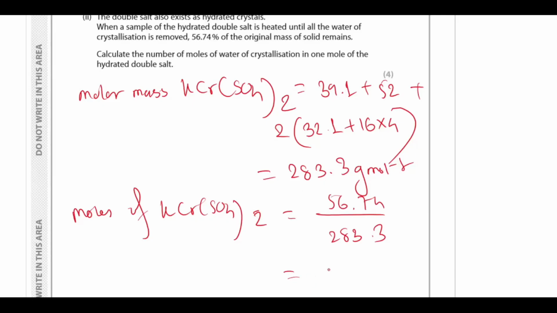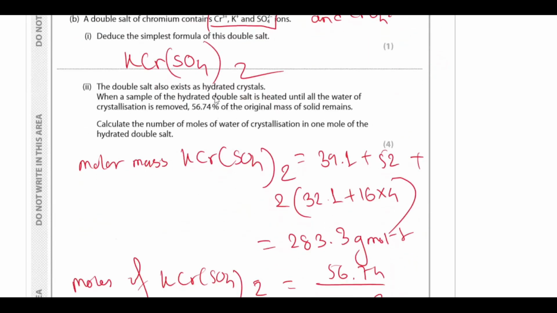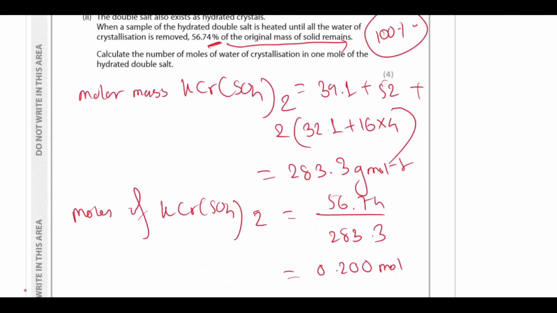Eventually, you'll be getting about 0.200 mole of KCr(SO4)2. Now, we also need to know the moles of water because that's very important. Since it's provided in percentage, that means the total original mass was 100%, out of which 56.74% was left. That means the rest got evaporated as water. So the moles of water would be pretty simple.